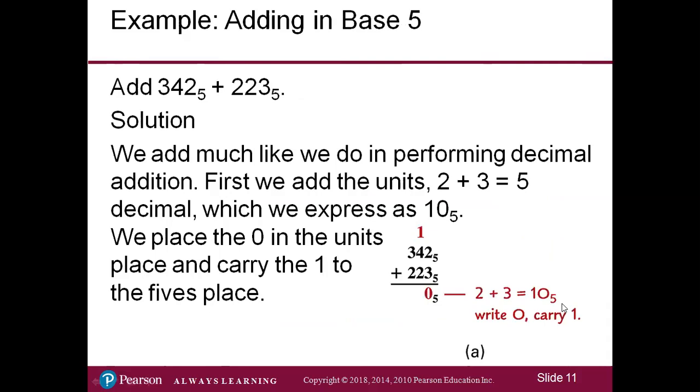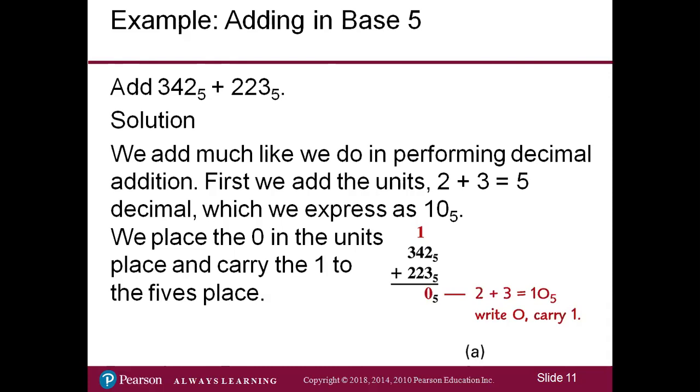Add 342 base 5 to 223 base 5. The solution: we add much like we do in performing decimal addition. Stack it like the traditional carrying algorithm, start at the units location, and work your way to the left.